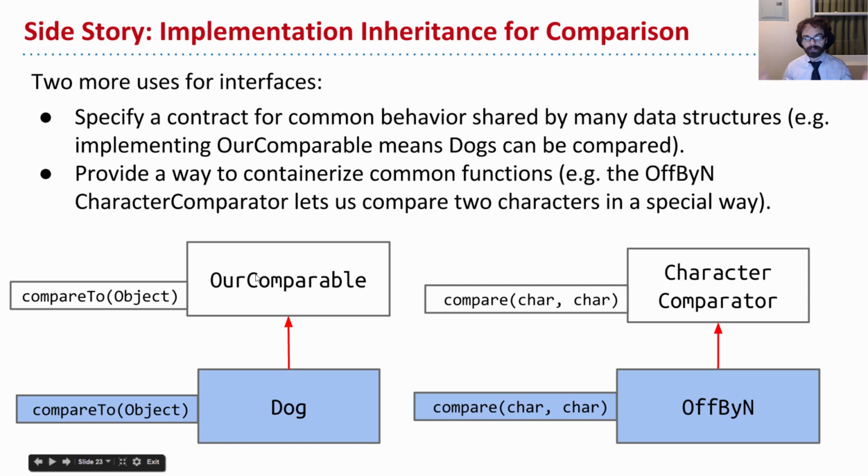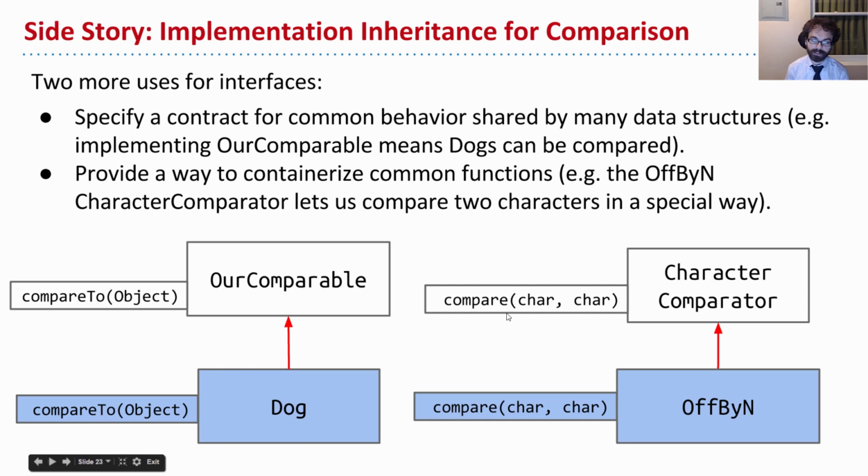Dogs could implement this, and our day would be done. And now, if anybody wanted to compare generic things instead of dogs, if we wanted to write a maximizer class, like we did in lecture, we could now build a maximizer in terms of Comparable. The punchline is simply that we used interfaces to specify something that a dog is capable of.